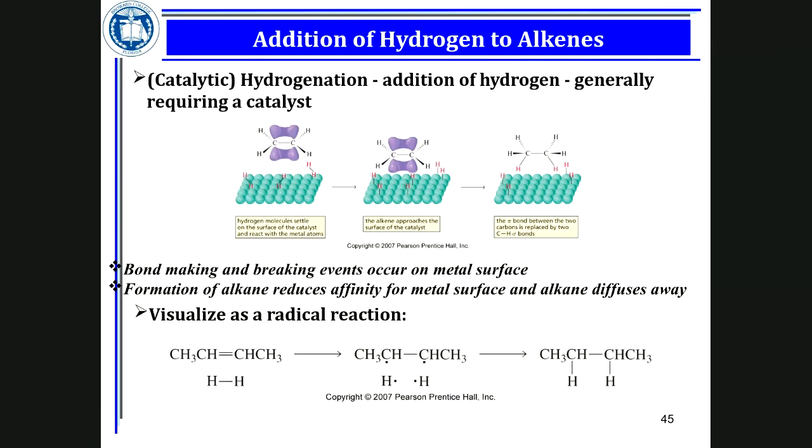So this demonstration is probably easier for you to see why it is a syn addition, because your alkene, the carbon-carbon double bond, is going to attach to the surface of your solid catalyst. So it's going to form a bond, and then hydrogens are acting at the surface of the catalyst. One hydrogen comes and forms a bond with this carbon, the other hydrogen forms a bond with this carbon.